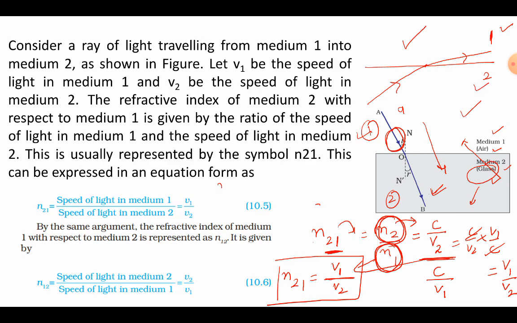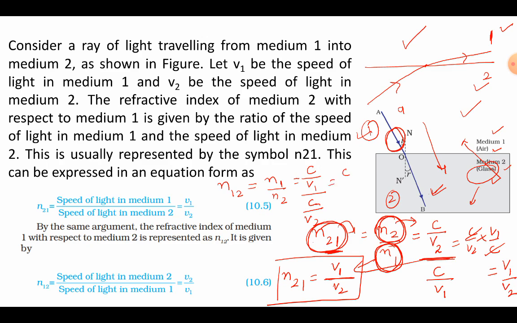So we will write refractive index of 1 with respect to 2. Now it is not 2 with respect to 1, it is 1 with respect to 2. This can be written as the speed of light in vacuum to the speed of light in medium 1, over the speed of light in vacuum to the speed of light in medium 2, like we have done for the previous case.